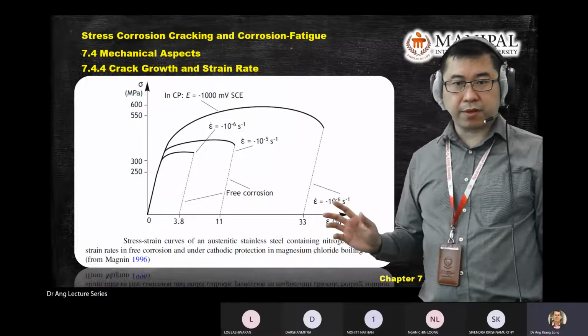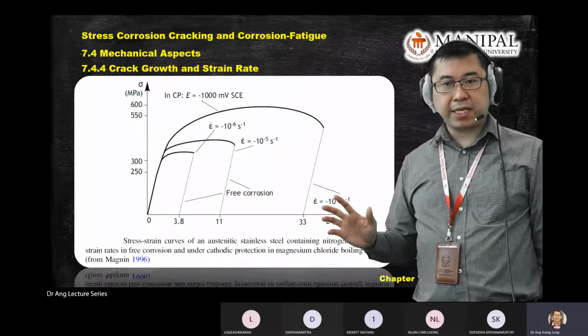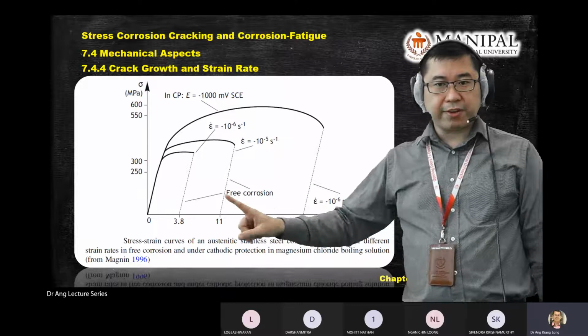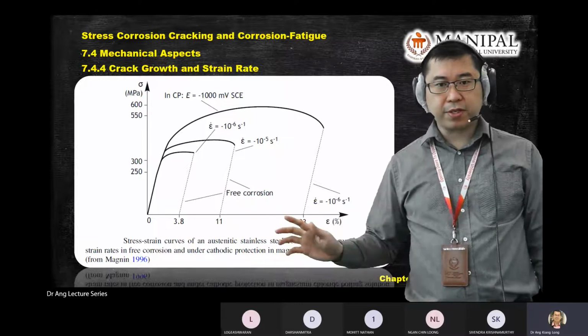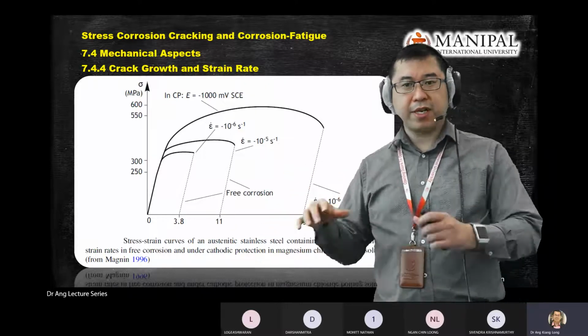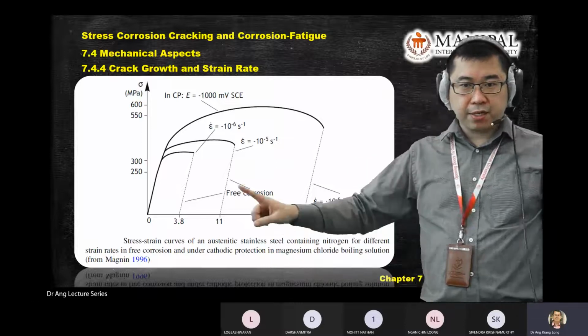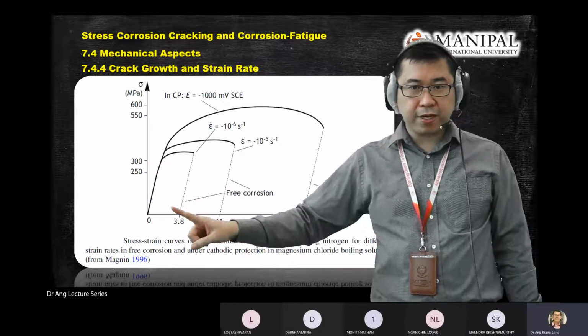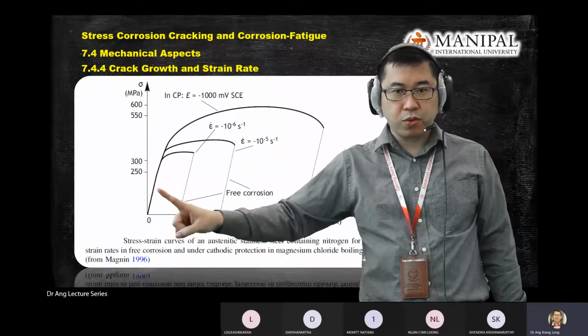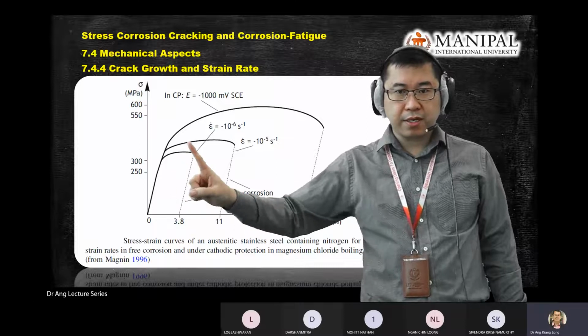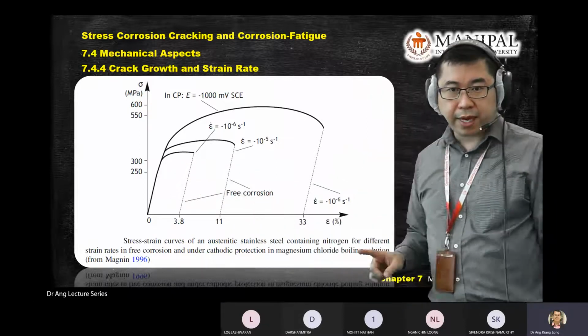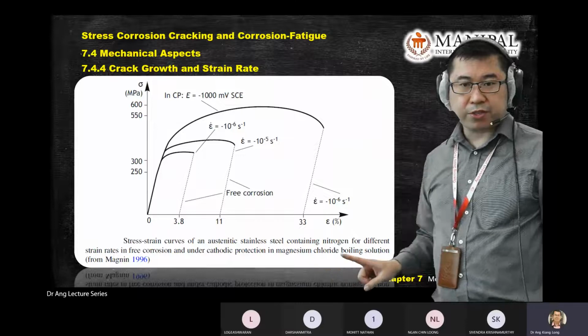So it compares 2 scenarios. You have a control sample. Control sample means without the corrosion, right? So for the control sample, free from corrosion, you have 2 lines here. And what happens if you change the environment?